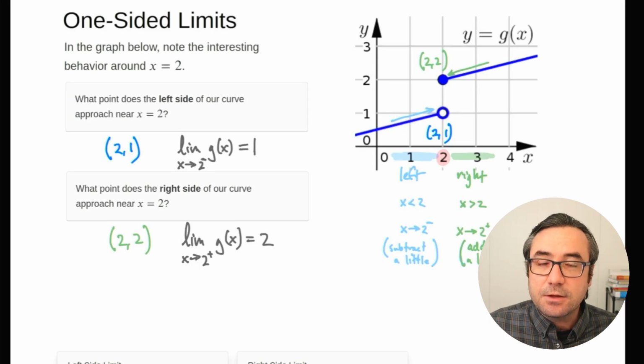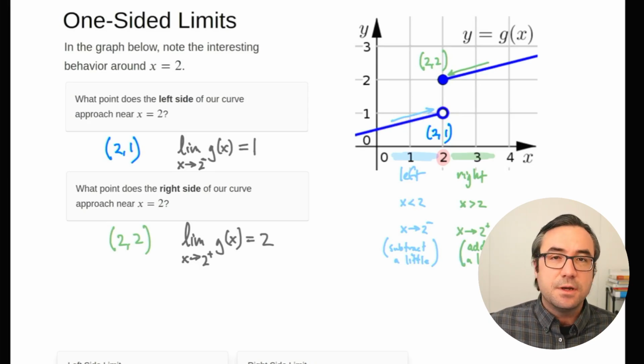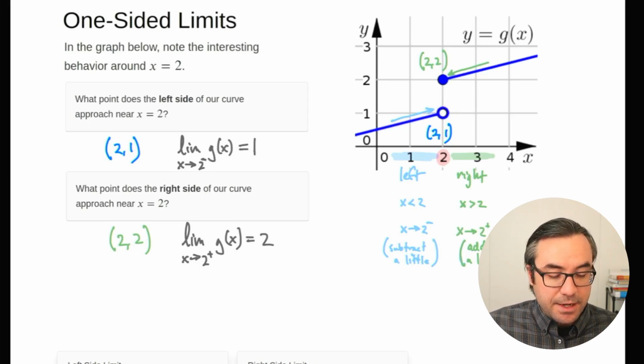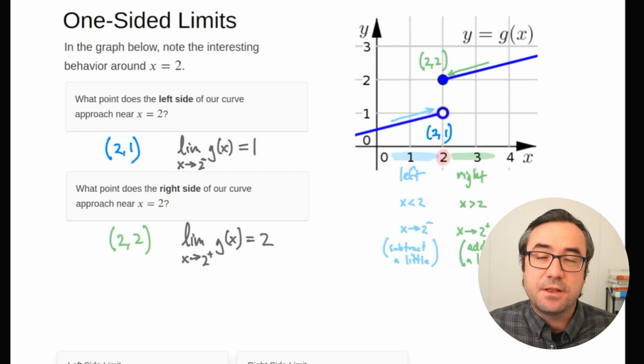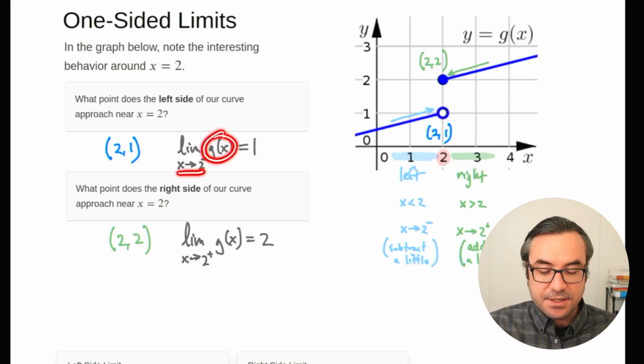Now that point's not included on the actual graph of our function, but that's okay, because we're looking at values that are all slightly to the left. And we're just seeing, where does it look like those points are going? We're following the breadcrumbs there. We're seeing where the trail's taking us, and it looks like it's taking us to that point. And the y-coordinate for that point is 1. So we say the left-hand limit of g of x as x approaches 2 from the left is equal to 1.